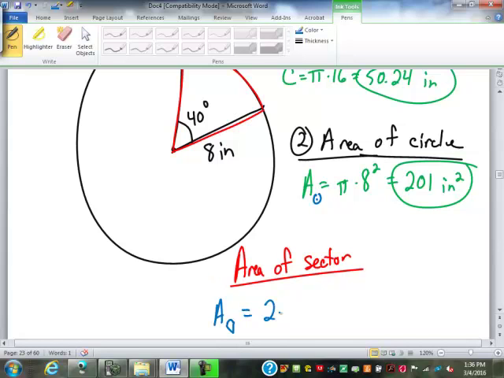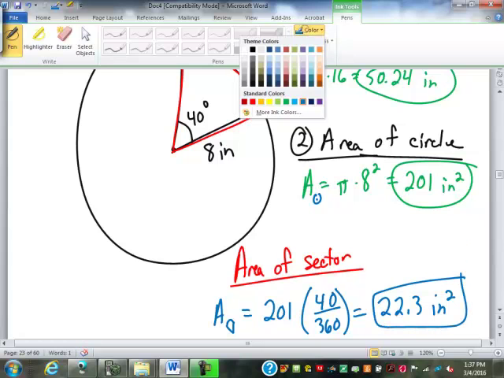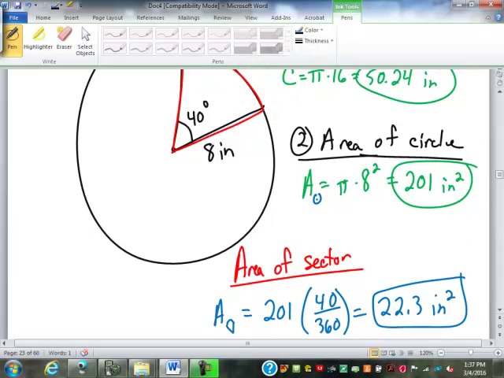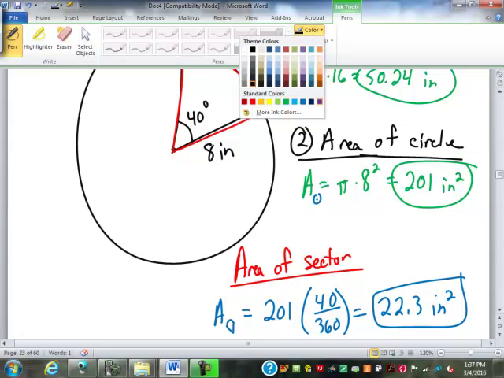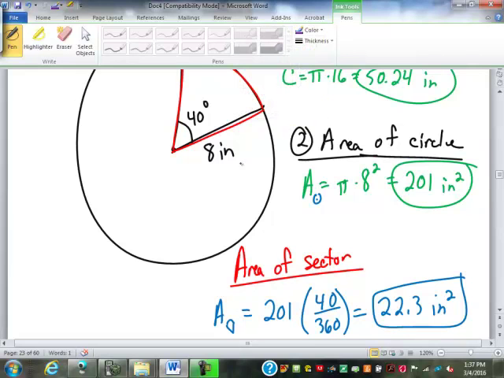It is found by taking that area of the circle, 201, times what fraction of a circle is it? Well, there's 360 degrees in the full circle, and we have 40 of them. So that's 40 360ths. 22.3 square inches is the area of that sector. Does everybody follow that? Just take the whole circle times that fraction, the central angle over 360.